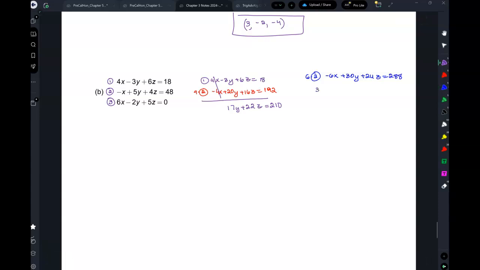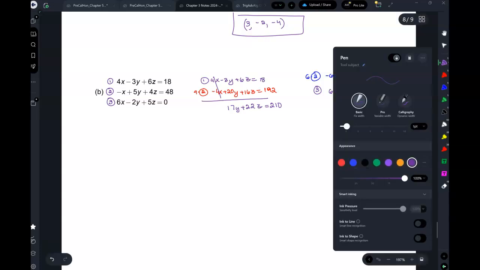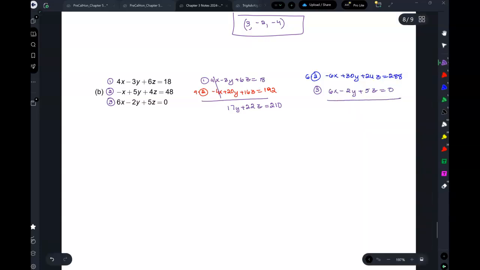And then 6x minus 2y plus 5z equals 0. Okay, x's went away. 28y plus 29z equals 288. Okay, right? Y and z.